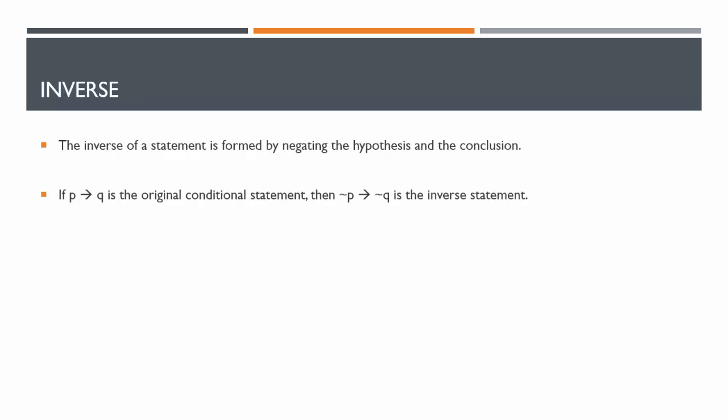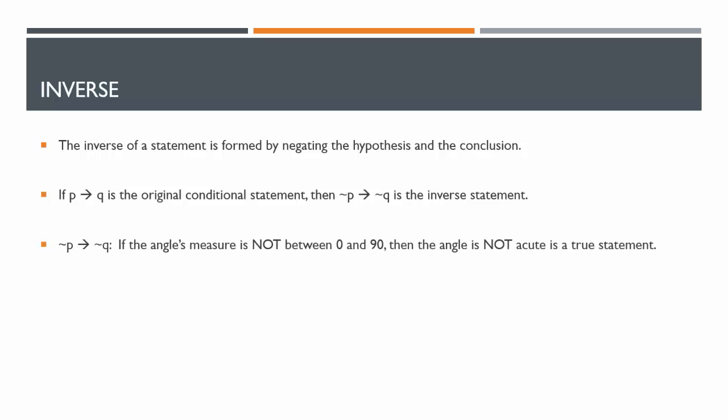When we look at the inverse of a statement, the inverse is formed by negating the hypothesis and negating the conclusion. So if P implies Q is our original statement, then not P implies not Q is our inverse statement. When we look at the statement not P implies not Q, we would have if the angle's measure is not between 0 and 90 degrees, then the angle is not acute.